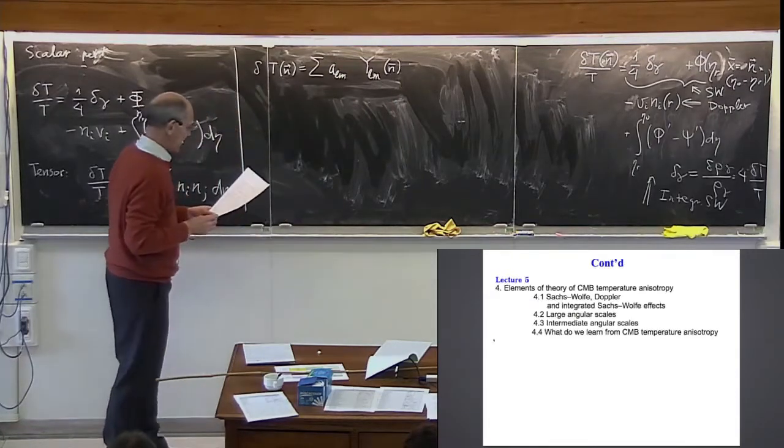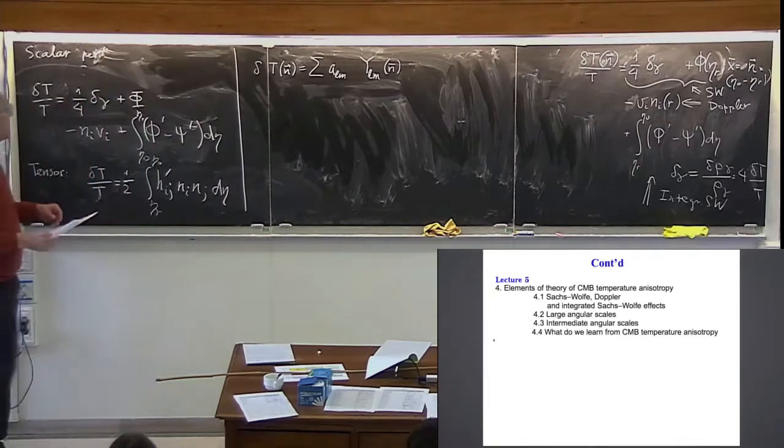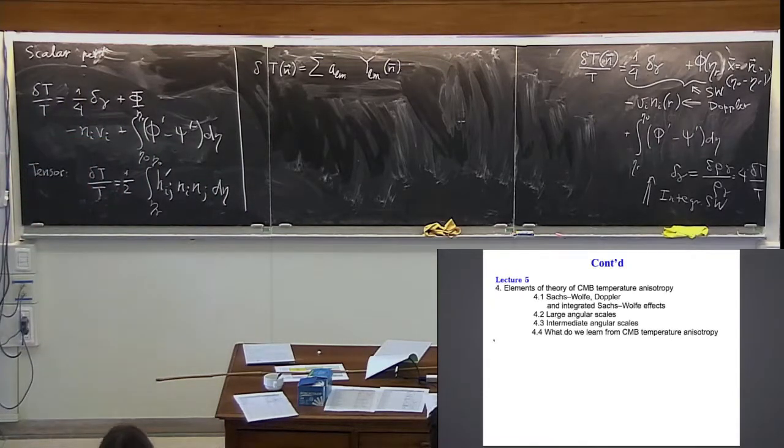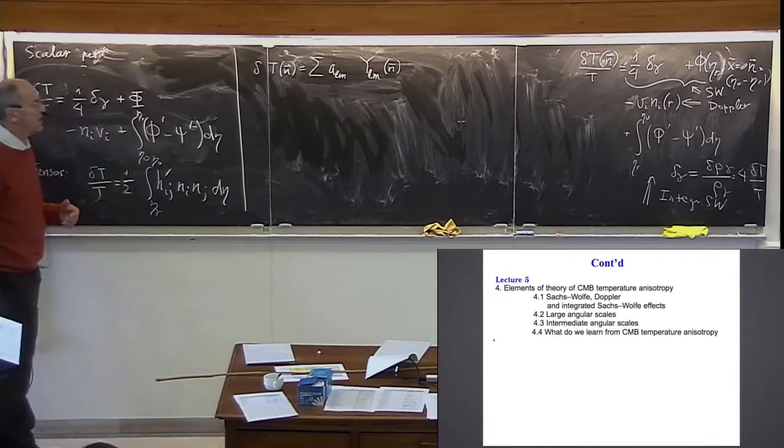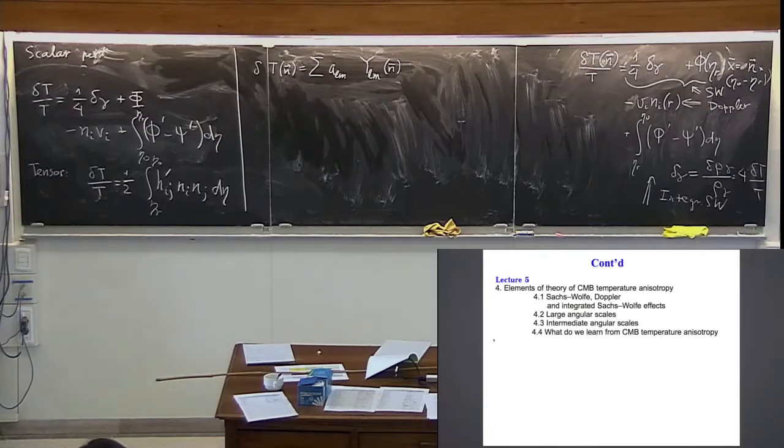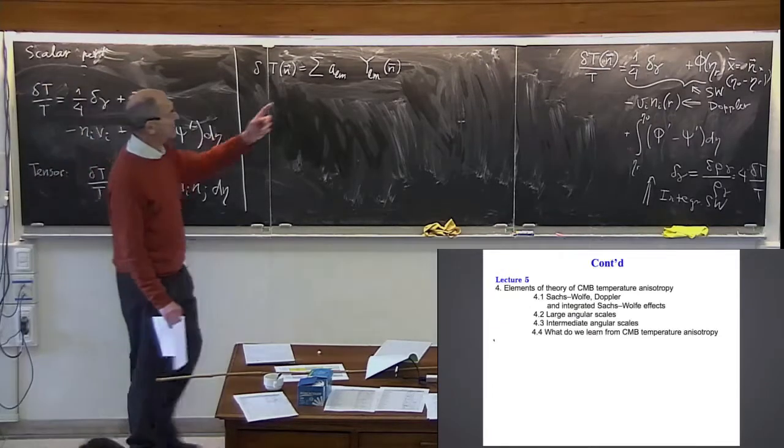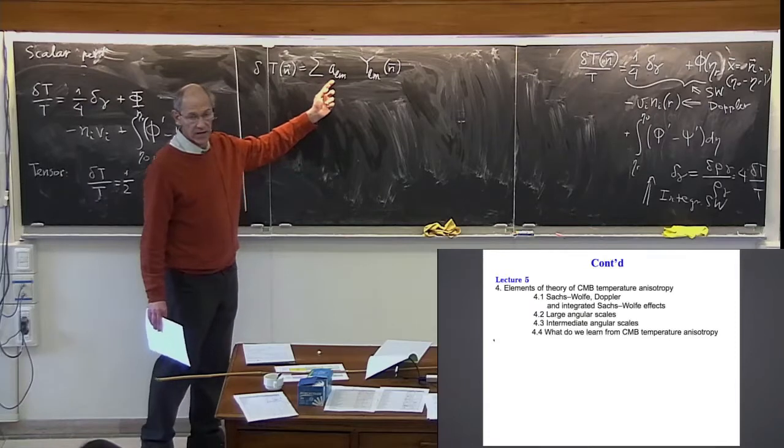And if you assume that all these quantities here are Gaussian random variables, and they are, observationally, then these a_LM are also Gaussian random variables, right?